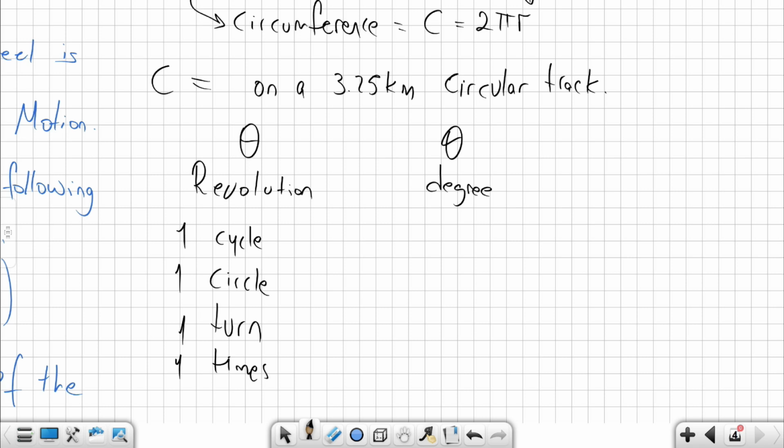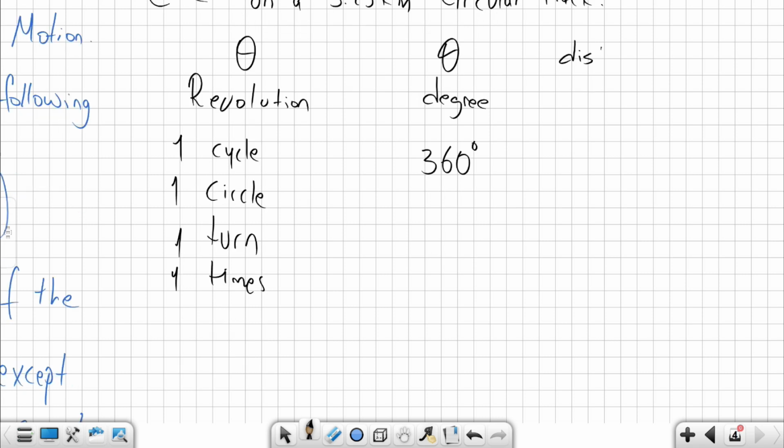For a complete circle, it is 360 in degrees. And if you have a half cycle, a half circle, half turn, the theta in degrees will be 180 degrees. You can say that the travel distance for a complete circle is 2 pi r. For a half circle, it is only pi r.